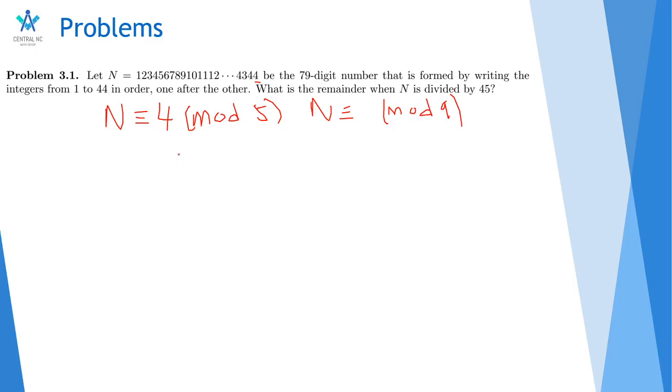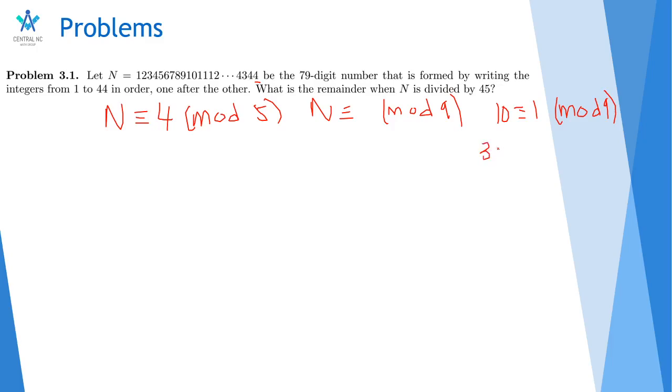Now, the modulo 9 one is a bit more complicated. Here's an interesting fact. A number is congruent to the sum of its digits, modulo 9. And that can be proved by the fact that 10 is congruent to 1 mod 9. If you want to learn more about that, you can search it up in your own time. I won't cover it today, but it basically involves splitting a number into its digits.